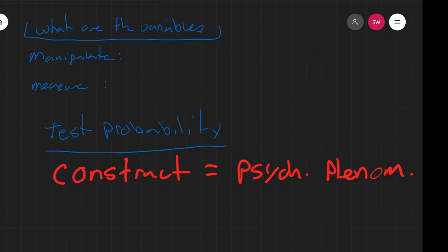In psychology, we call it a construct. It is a psychological phenomenon, something like self-esteem, or like in the sexuality class, gender. Gender is a construct. What does that mean? You make it. You construct it.